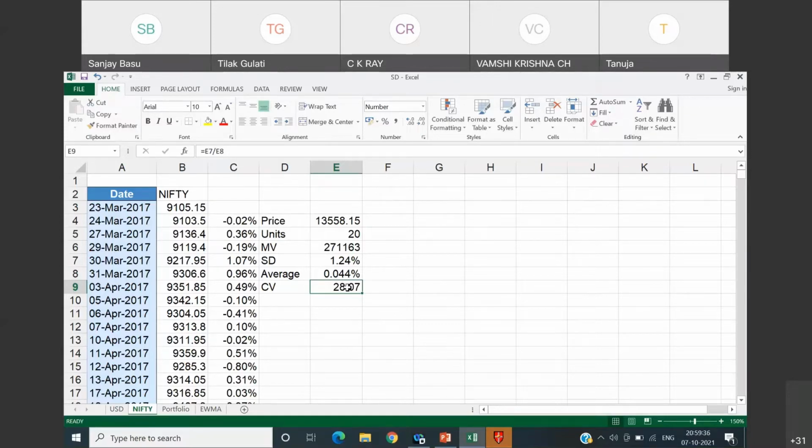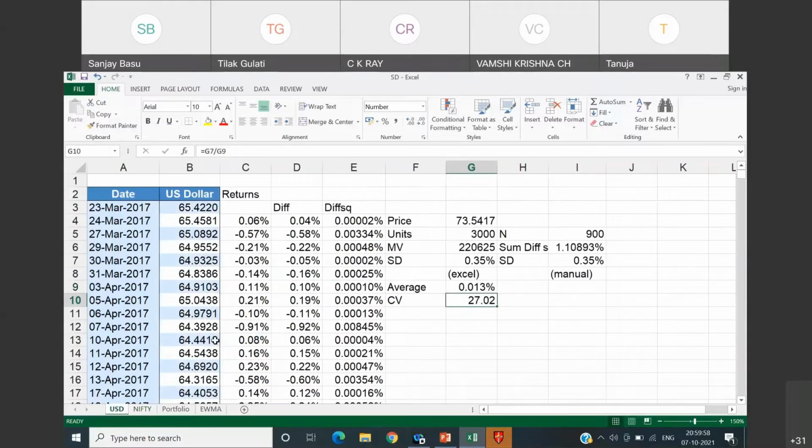Therefore, even while you claim that you get a higher expected return or average return on Nifty, the volatility is much higher even after you take account of the average return, right? 28 times the average return, and this is 27 times.